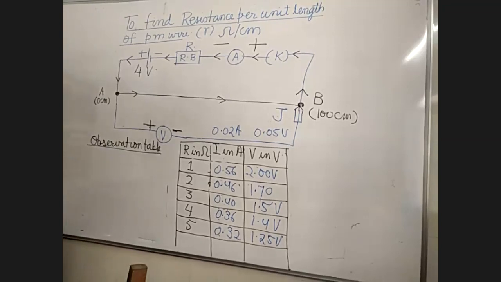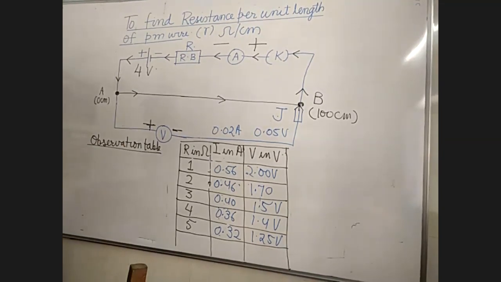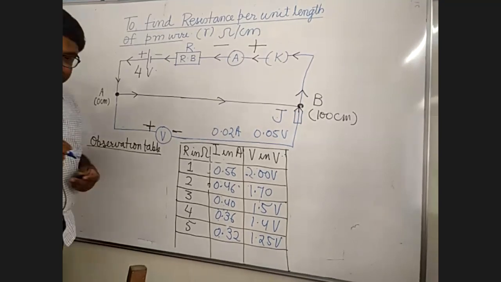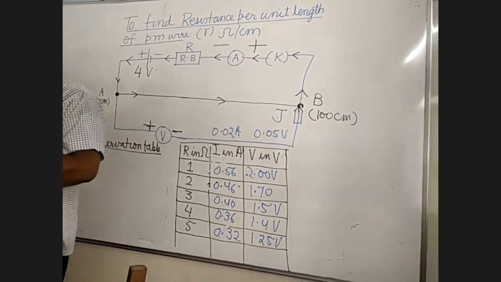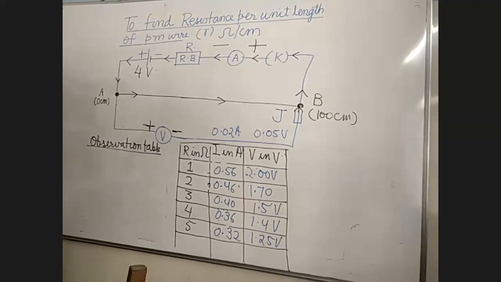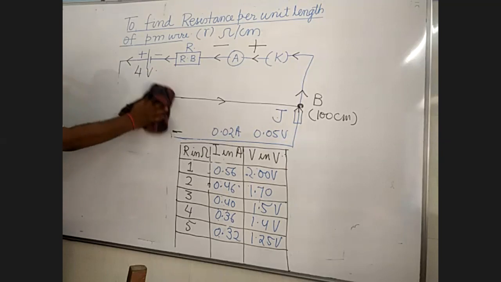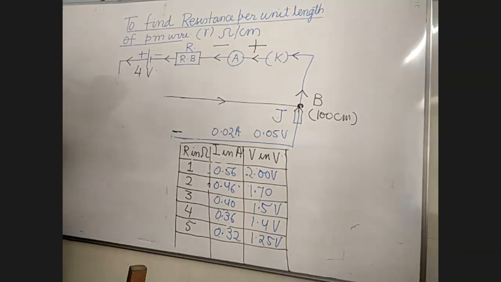After this, what will you do? You will plot the graph of V versus I. Here, I will not show the plotting of the graph in this, but I am explaining so you can plot the graph. V here and I here.